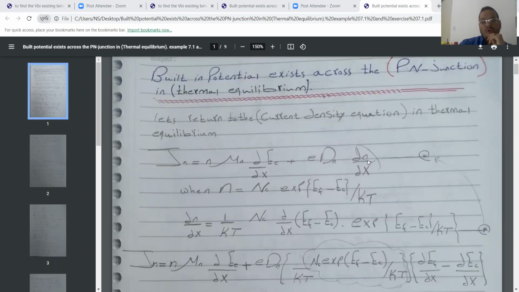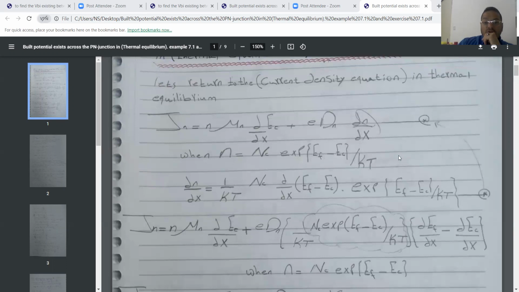At first, we know the concentration of electrons in the n-type equals the effective density of states of electrons at the conduction band times the exponential of the Fermi level minus the conduction energy band, divided by the Boltzmann constant times temperature. Now let's take the first derivative of this equation to find the result.